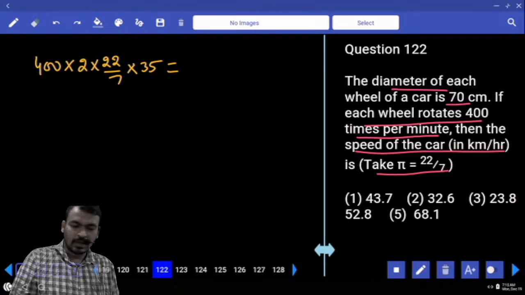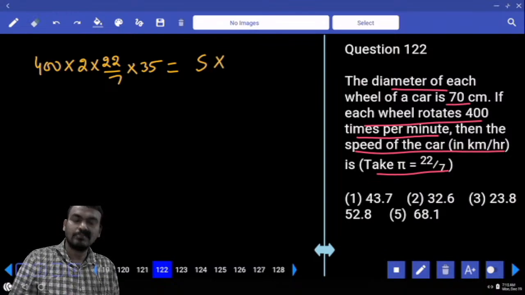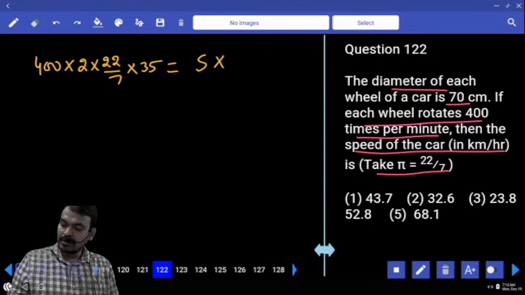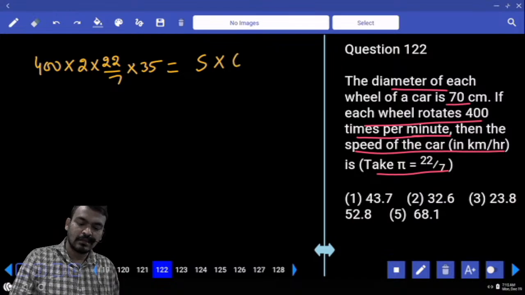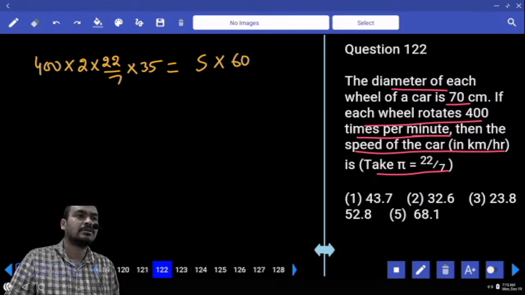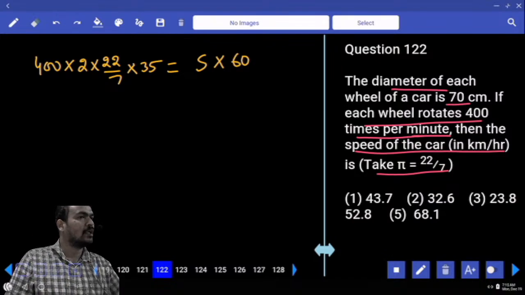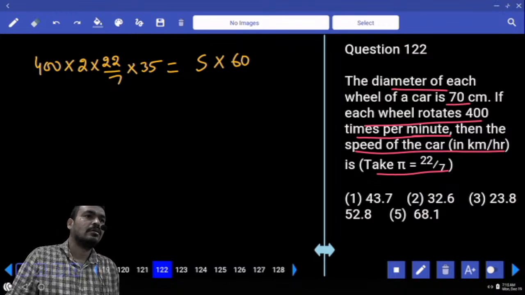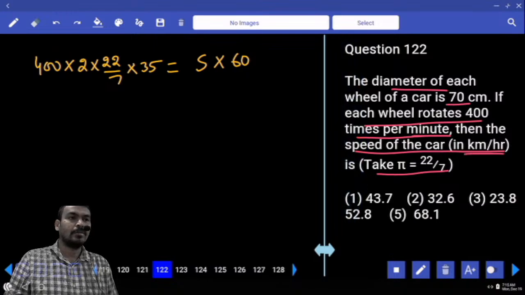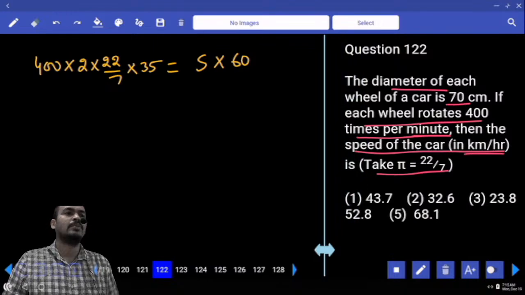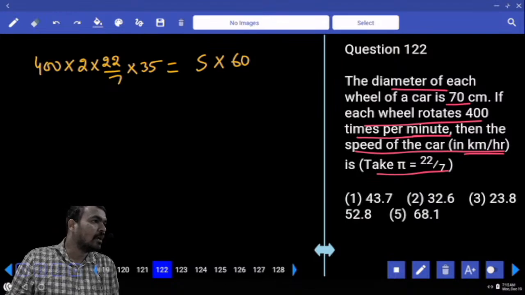What is the speed of the car? Unknown. But time is given: how many minutes? 1 minute. 1 minute means how many seconds? 60 seconds. We get meter per second, but we require kilometer per hour, so this value is multiplied by 18 by 5.